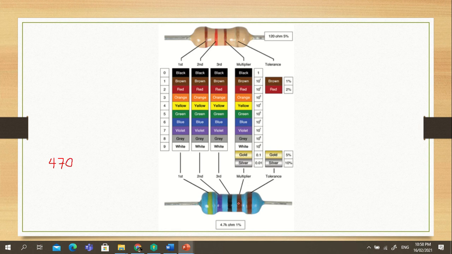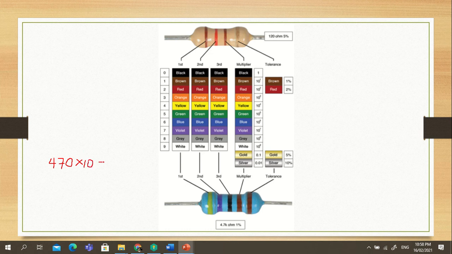Then the fourth color is our multiplier. This is brown, so brown means our multiplier is 10. You have to multiply this by 10, because 10 to the power 1 is still 10.